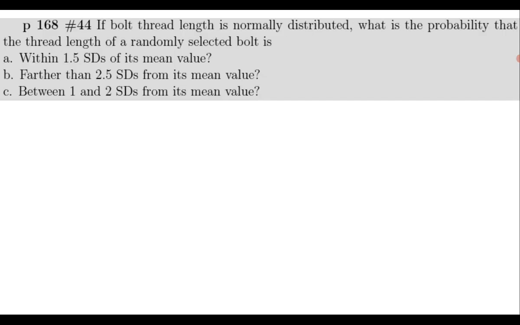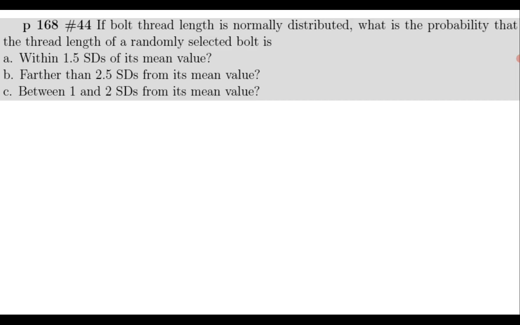Next question says that if thread length is normally distributed, what is the probability that the thread length is within 1.5 standard deviation of its mean value? So now range has been given.